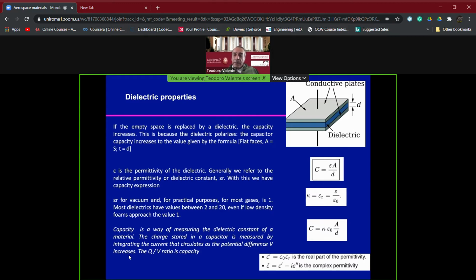And so the capacity is just a way which we can use, for example, to measure the dielectric constant of materials.